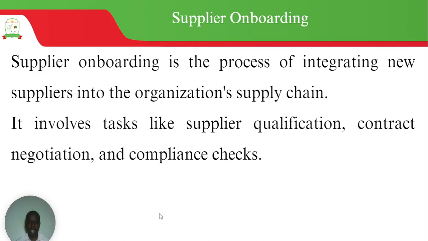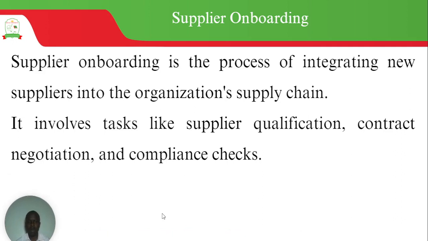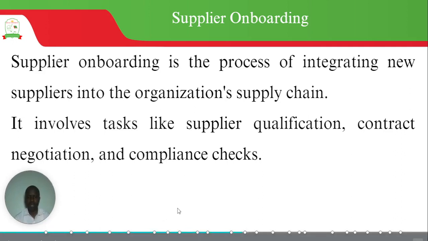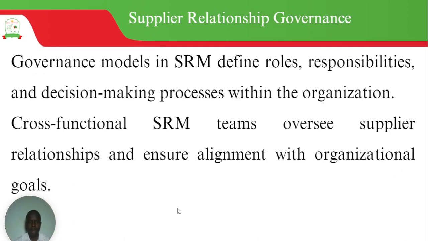So we can invite other suppliers to be pre-qualified for maybe future supplies. We can enhance our contract negotiation activities. We can also enhance compliance checks to ensure that all the suppliers that we have on board have complied with relevant laws and regulations, and also organization policies.